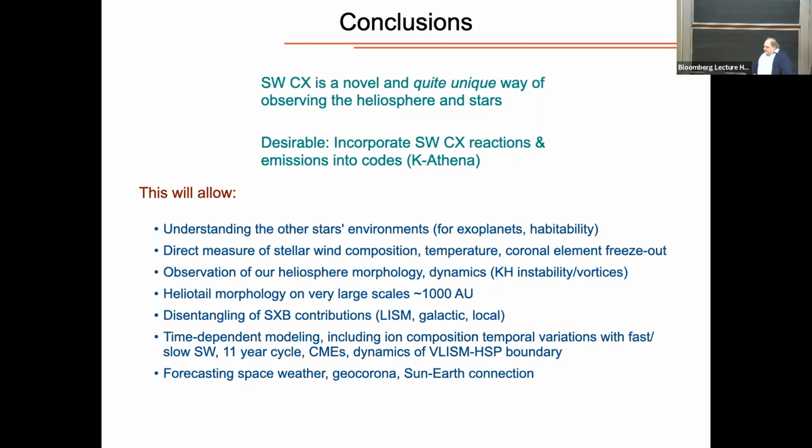Question for me? What about the CMEs from other stars? Because we know they're like super flares. They're probably like super CMEs. Is it possible to detect? The CME itself is hard because the density contrast there is not that strong.